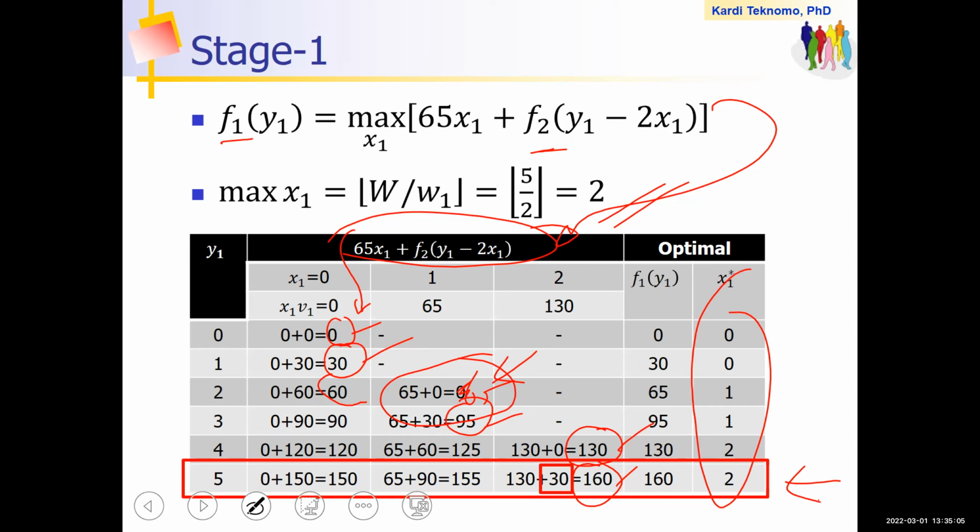So we know that this is 5, so the maximum is 2, optimal. The value is 5. And what makes it happen? This 30 makes it happen, so that is x equal to 2.